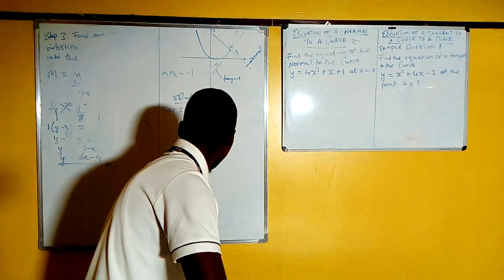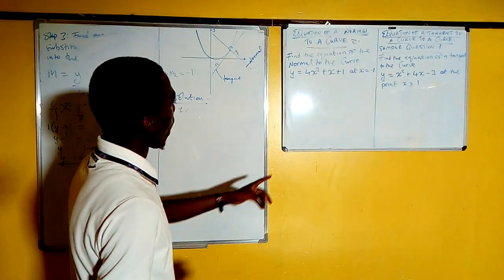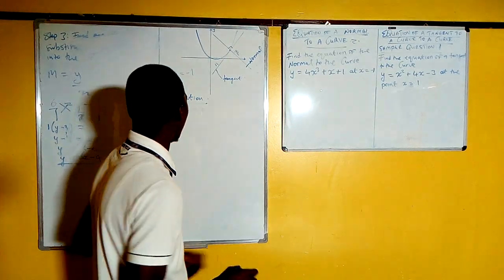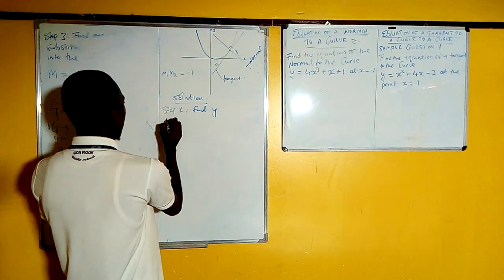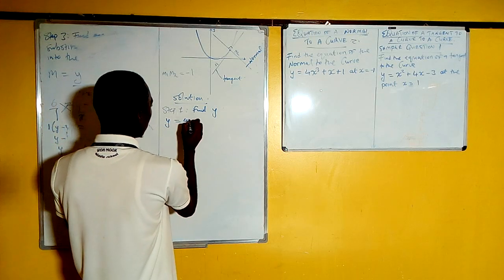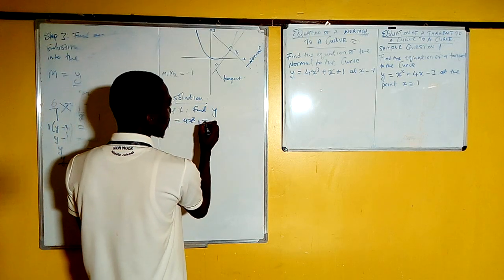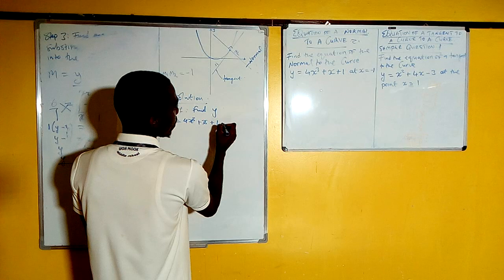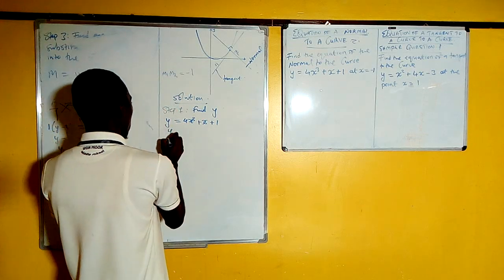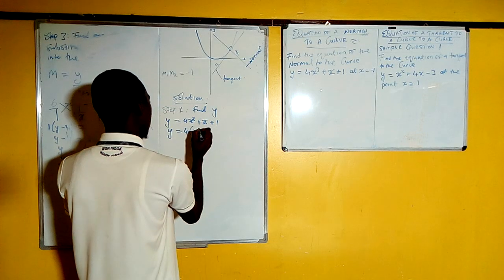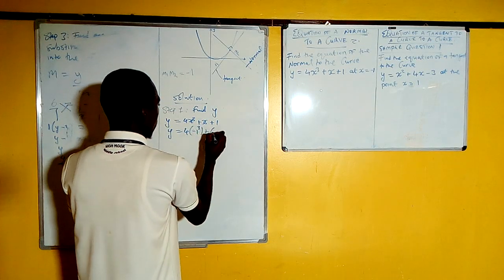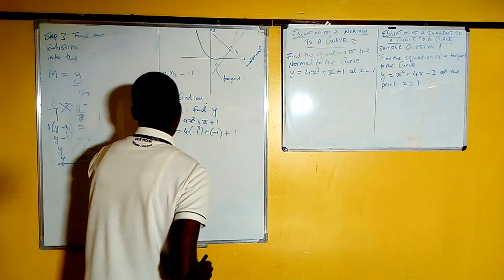So step 1, we are simply going to also find the value of y. So we are going to write y is equal to 4x to the power 3 plus x plus 1. Then this one will be y is equal to 4, we put our value, which is negative 1, to the power 3 plus negative 1 plus 1.